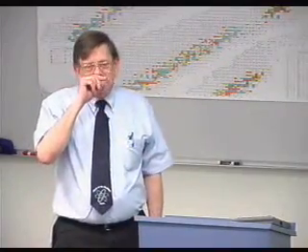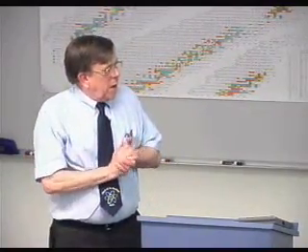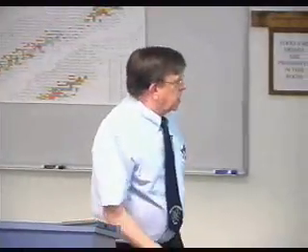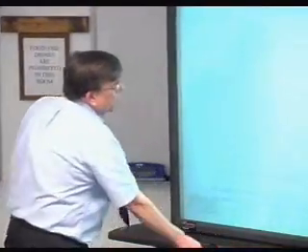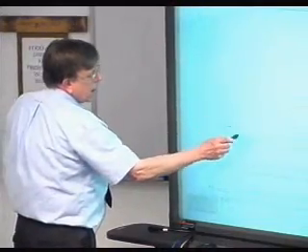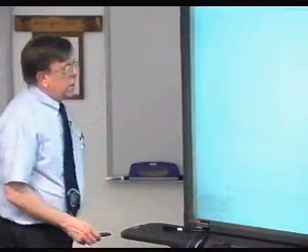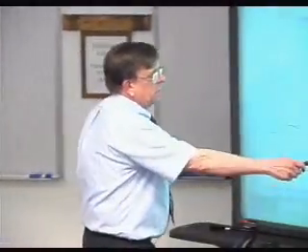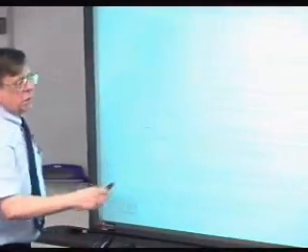X-ray spectra were also studied during this time by Charles Barkla, who was one of the people that had a lot to do with this. And the X-ray spectra have two parts. There's a continuous background part of it down here, and then there are some sharp spikes on top of the continuous background. They named these spikes the K series and the L series.